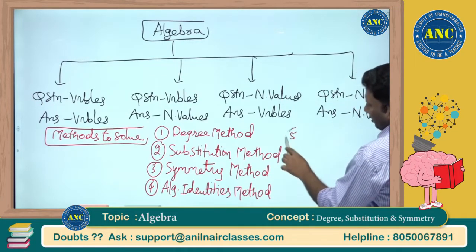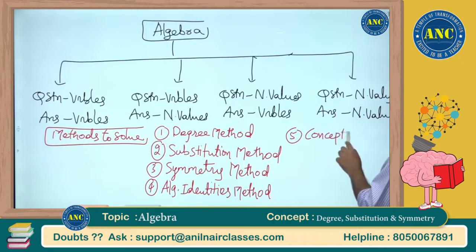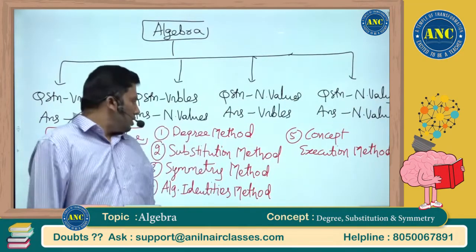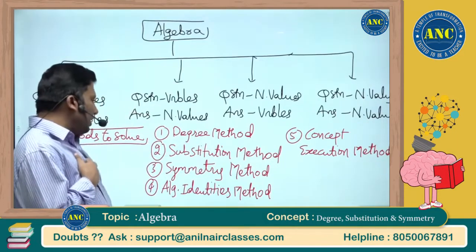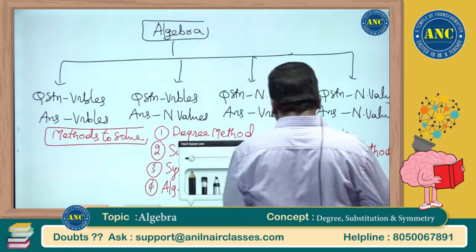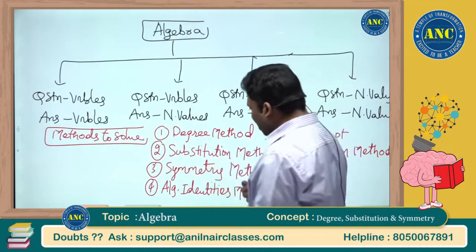Fifth one is the concept execution method. These are the 5 methods used to solve algebra based problems: degree method, substitution method, symmetry method, algebraic identity method, and concept execution method.